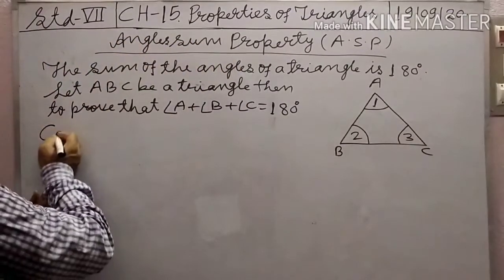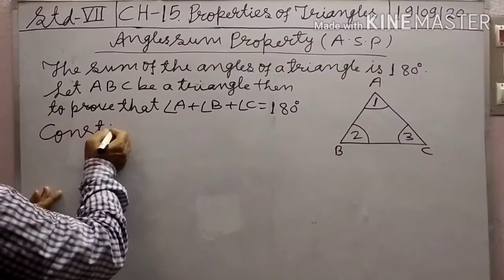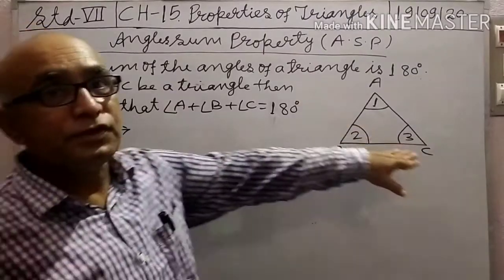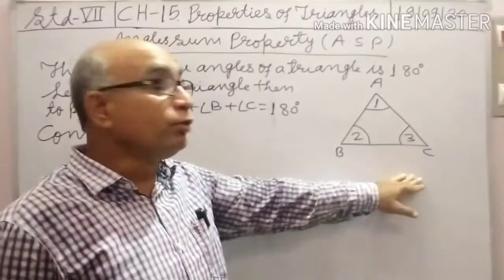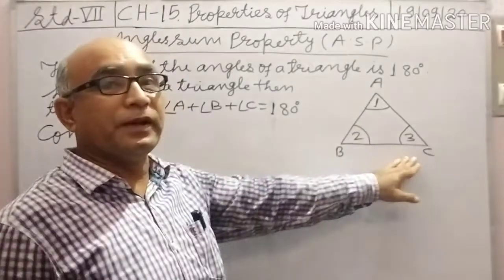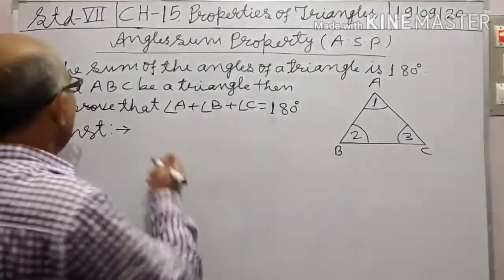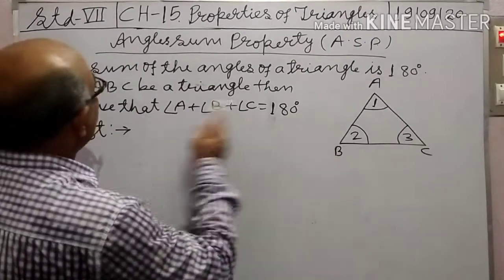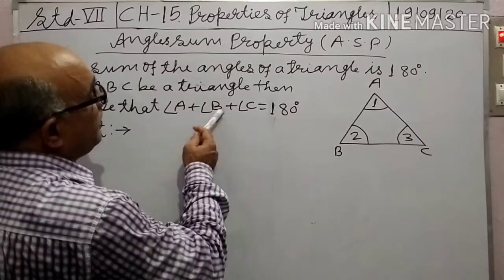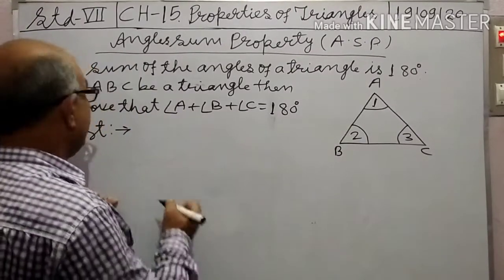Construction. Students, ABC is a triangle. Then to prove that angle A plus angle B plus angle C equal to 180 degrees.